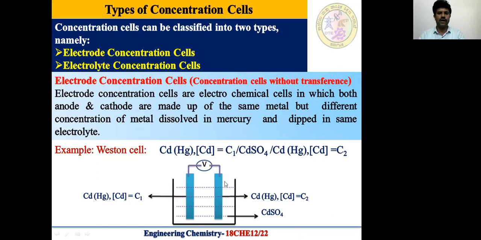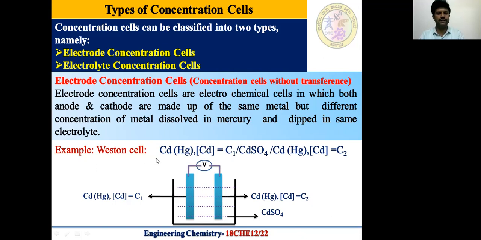Electrode concentration cells are electrochemical cells in which both anode and cathode are made up of the same metal, but of different concentrations of that metal dissolved in mercury. Here the cadmium dissolved in mercury has concentration C1, and there the cadmium dissolved in mercury is of different concentration, that is C2.